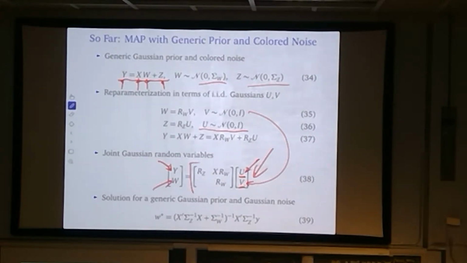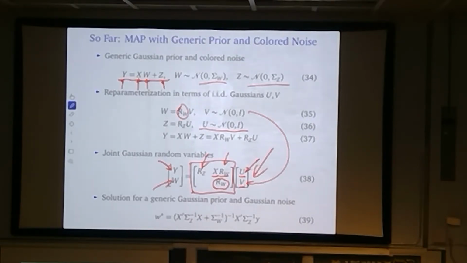Look at this matrix. This matrix is completely known. R_Z is for the noise. R_W is for the weight. X is given, is fixed. There's nothing you can do about it. Okay?